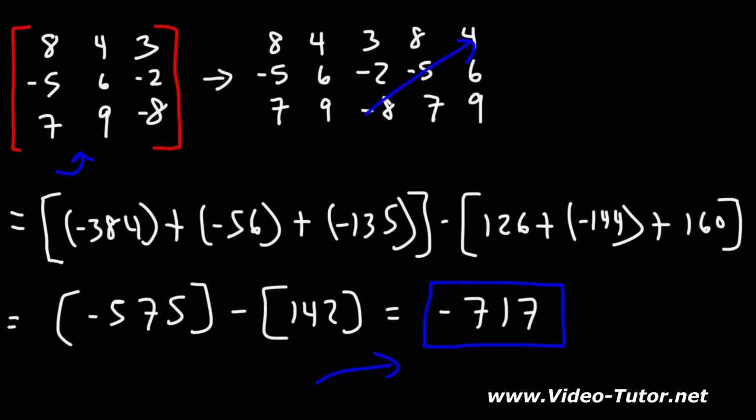So it's going to give you the same answers, but as you can see, this method is a lot simpler to work with. However, the older method is useful for those of you who want to get the determinant of a 4x4 matrix, because this method is designed to work for the 3x3 matrix.